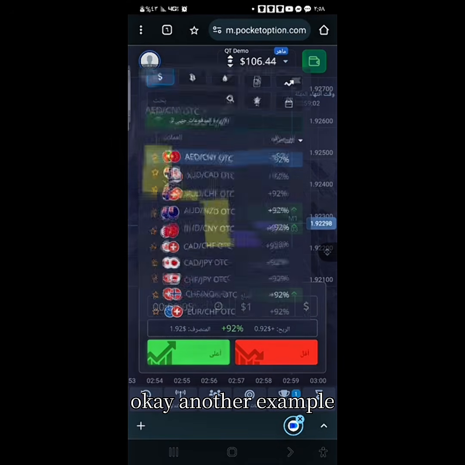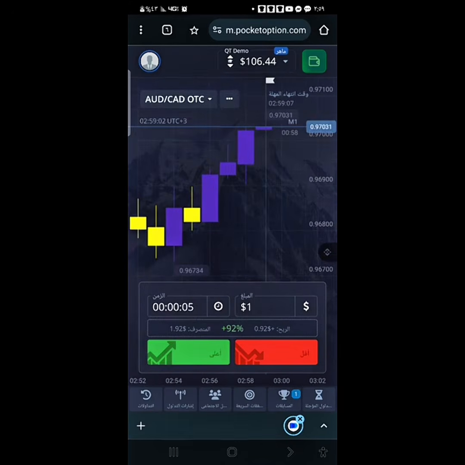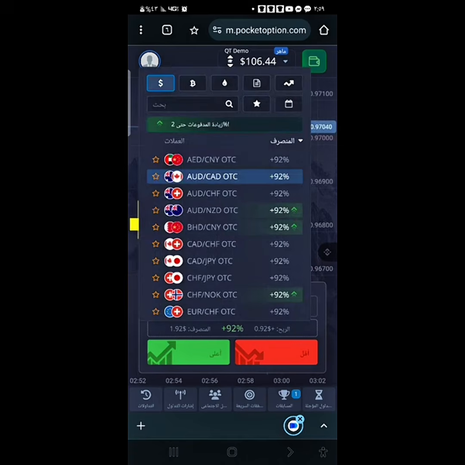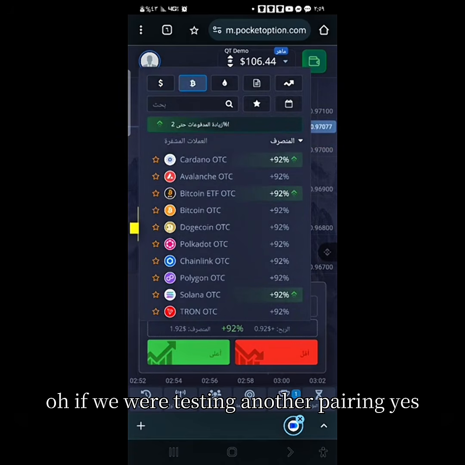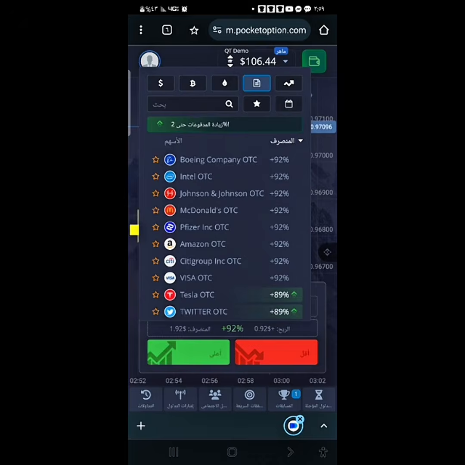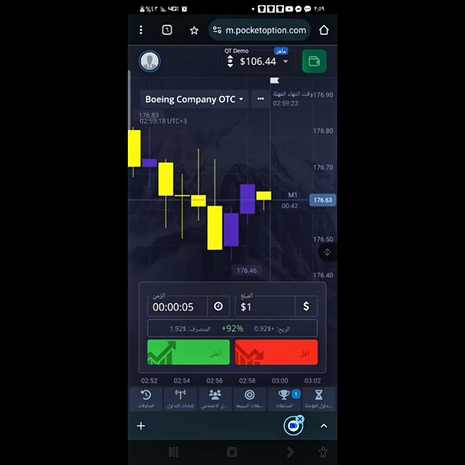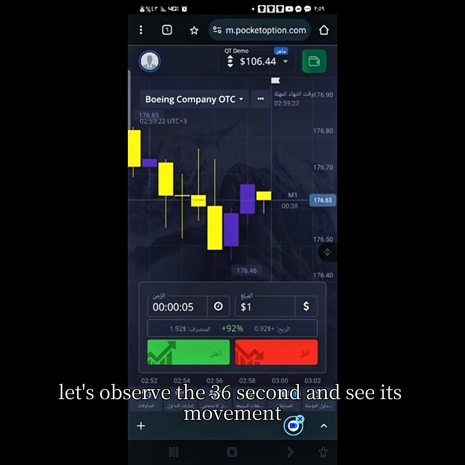Okay, another example. If we were testing another pairing, yes. Let's choose this one, for example. This is stocks. Let's observe the 36th second and see its movement.